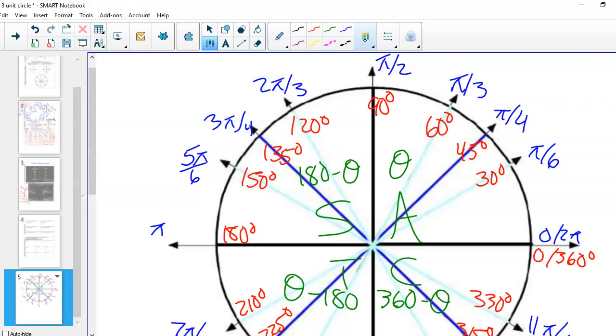What is the cosine of 30 degrees or pi over 6? Root 3 over 2. What is the sine of pi over 6 or 30 degrees? Half.